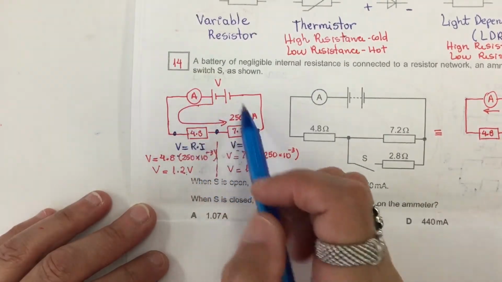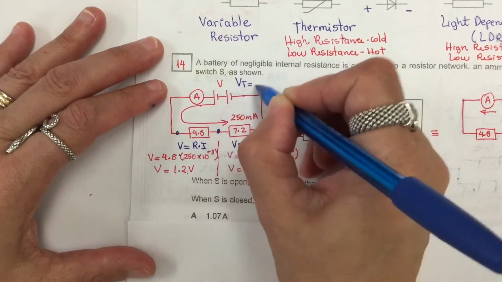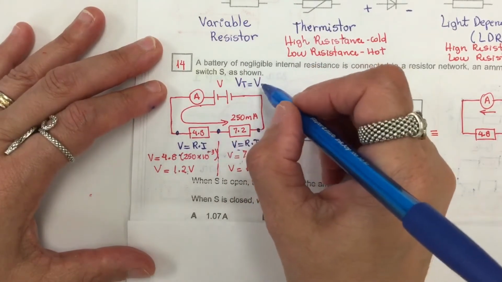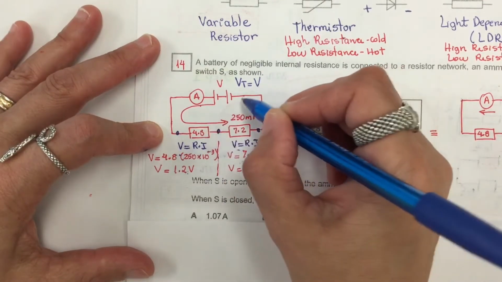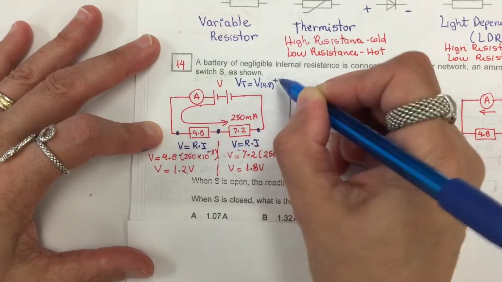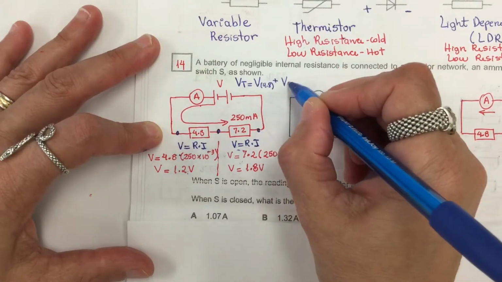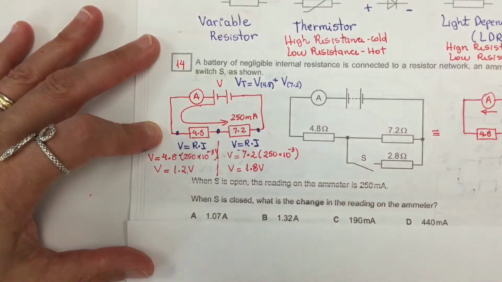For a circuit in series, the total voltage is equal to the voltage drop on one resistor, in this case 4.8 ohms, plus the voltage drop on this resistor, 7.2 ohms.